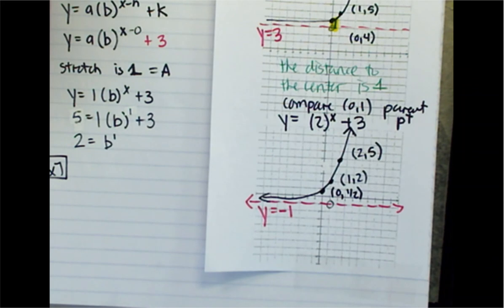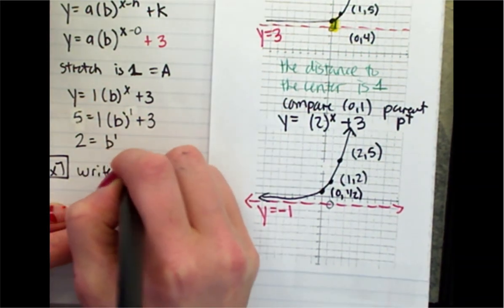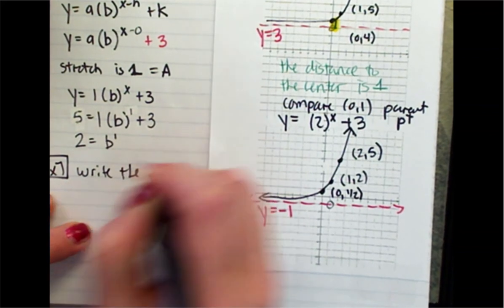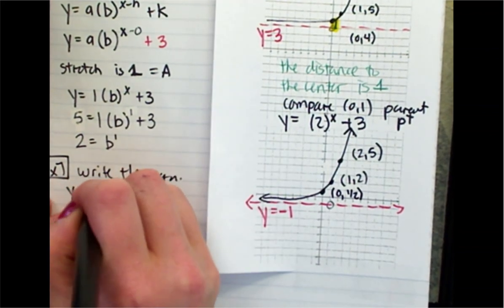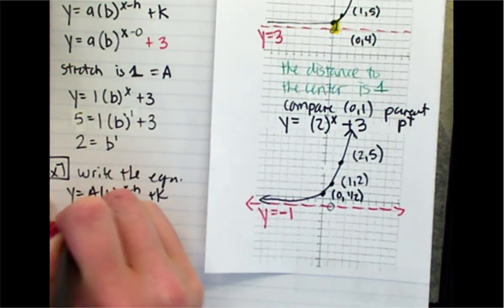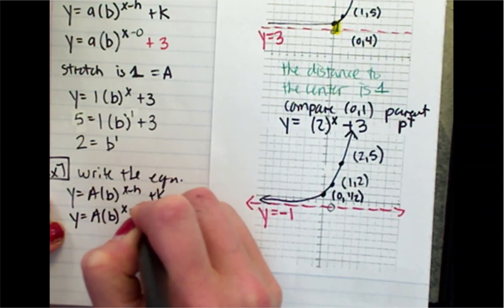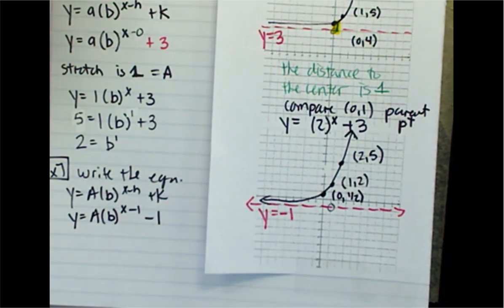We could do this a bunch of different ways. You're going to have to pick a point and start. Okay, so write the equation. y equals a times b to the x minus h, plus k. We said right 1, down 1. Great.